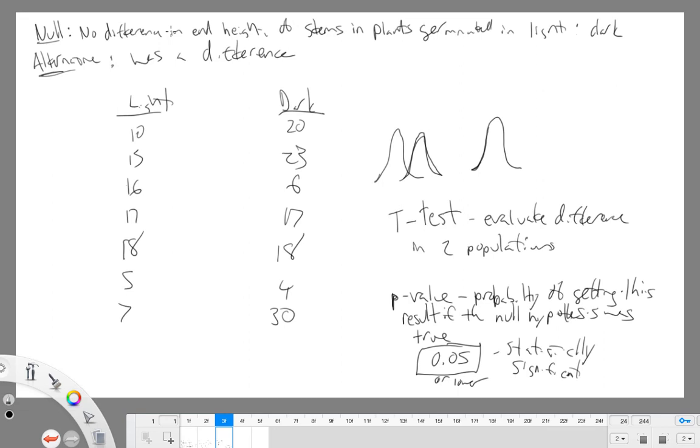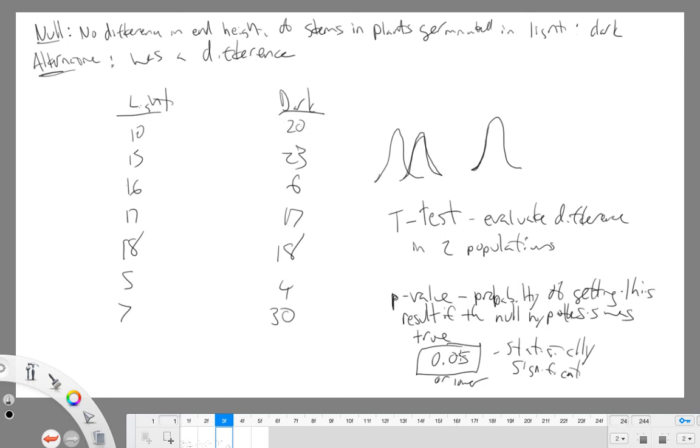So essentially, again, to reiterate, the p-value is telling us the probability that the null hypothesis is true, and if the probability is 0.05 or lower, we reject that null hypothesis, and that suggests that there is a difference in our treatments. In our case, it suggests that there is a difference in the growth of our plants if they are grown in light versus if they are grown in dark.